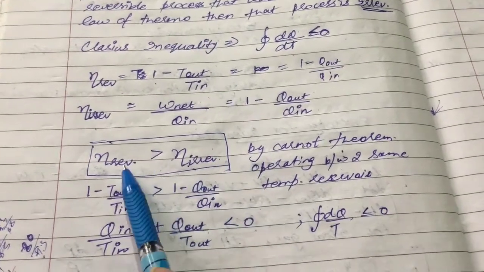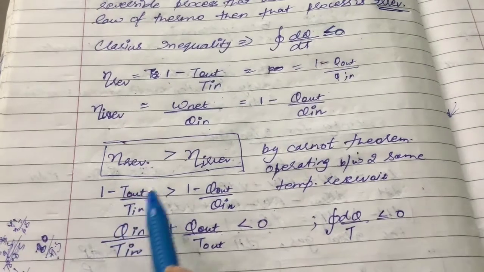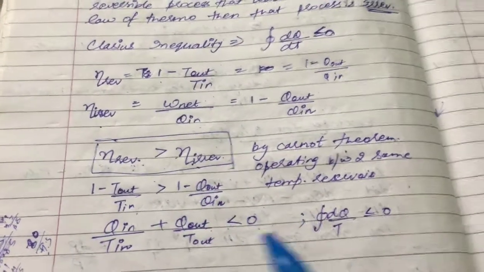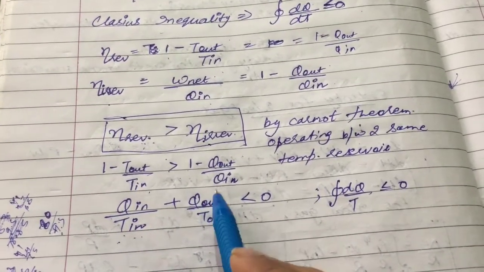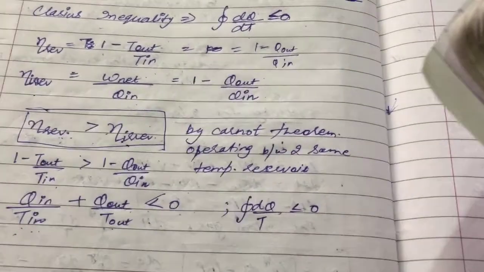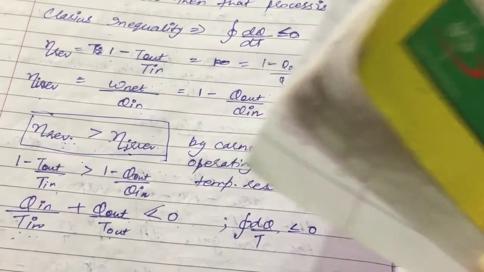So if we put in the values, 1 minus T out by T in is greater than 1 minus Q out by Q in, we get the equation Q in upon T in plus Q out upon T out less than 0, which we have also studied a few minutes back for our Clausius inequality.